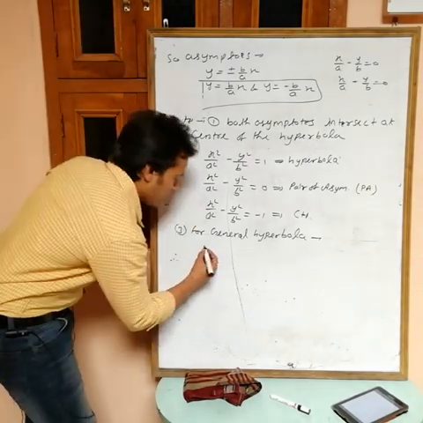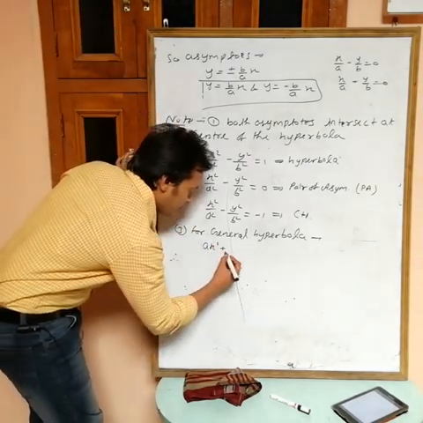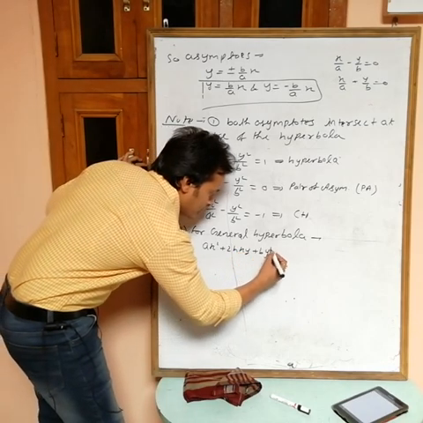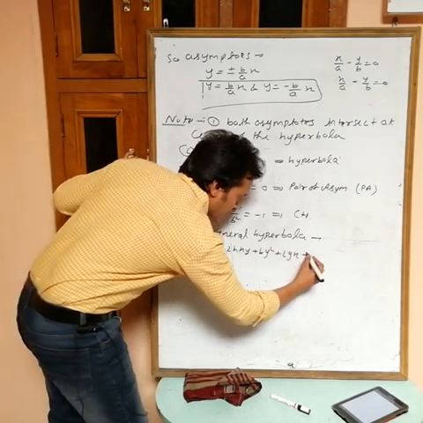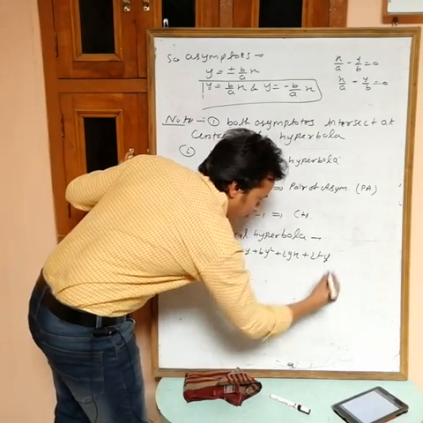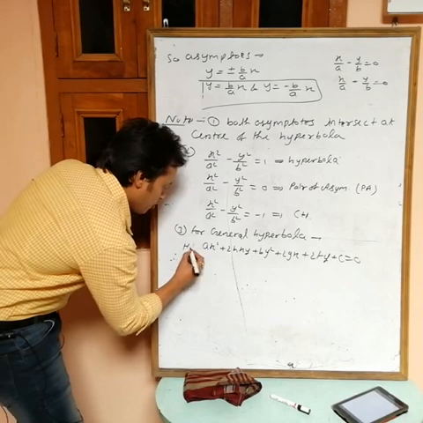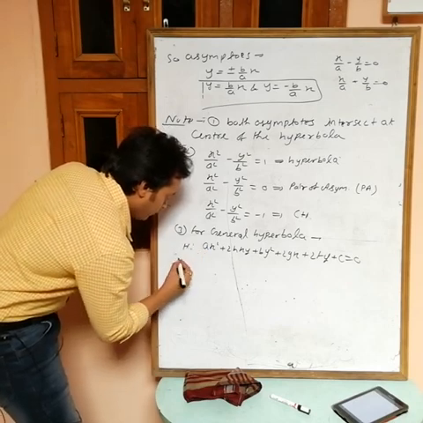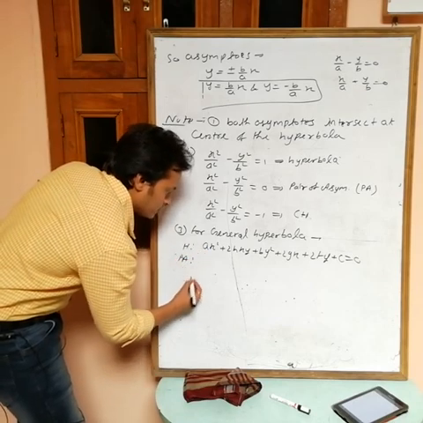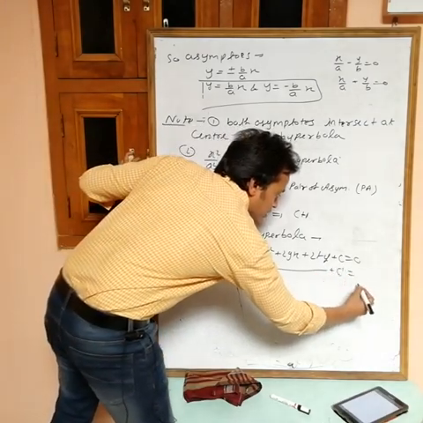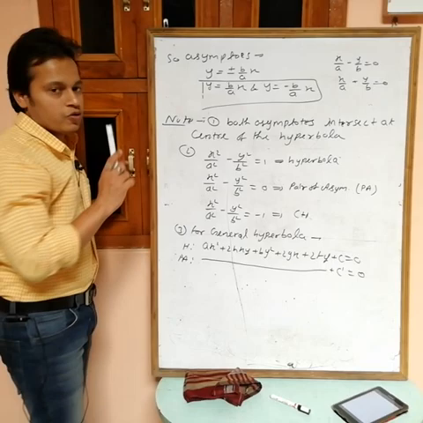Now the general hyperbola is ax square plus 2hxy plus by square plus 2gx plus 2fy plus c equals to 0. This is the equation of the hyperbola. Then if you want to write the pair of asymptotes, all these terms remain the same, just change the constant term.